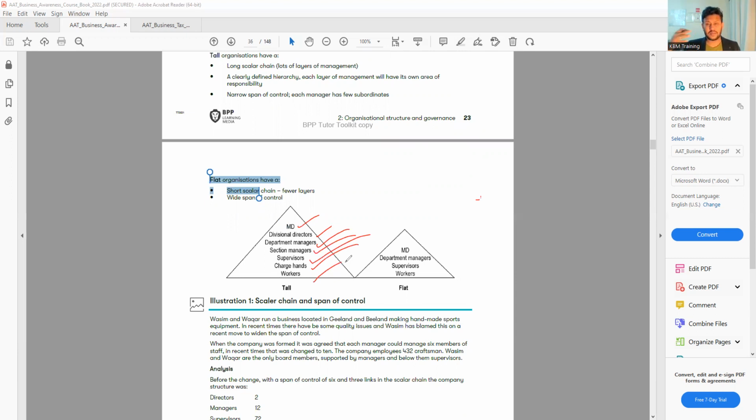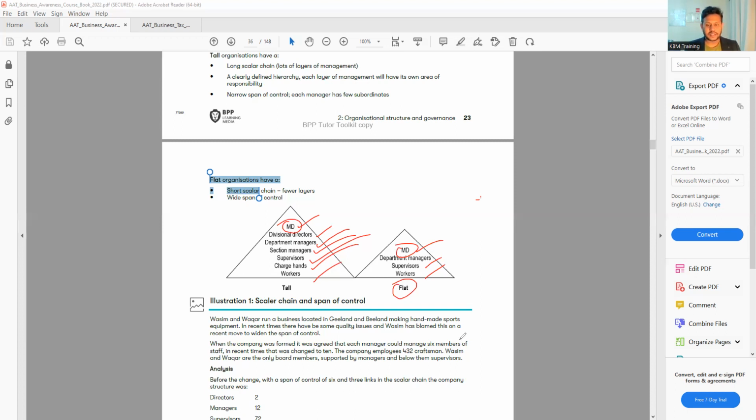So a lot of divisions, a lot of people involved in the tall organization. The flat organization is a little bit flat. You have an MD, then management, and then supervisor and the worker. So the chain of command is not very high for the flat organization. Every organization has advantages and disadvantages both, so we can't say this one is good, this one is bad. MD represents the managing director.